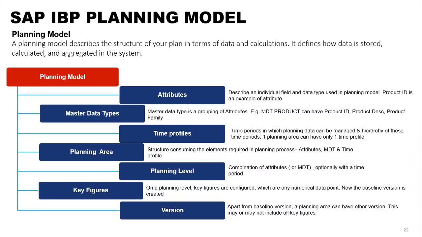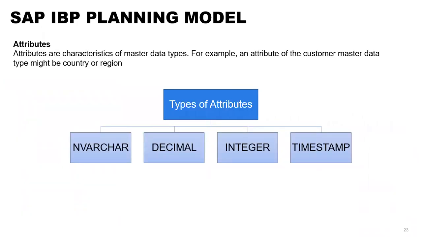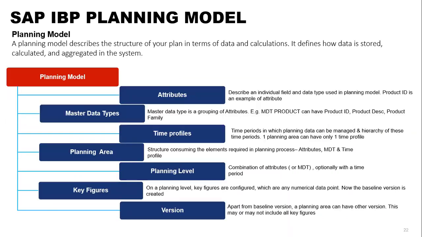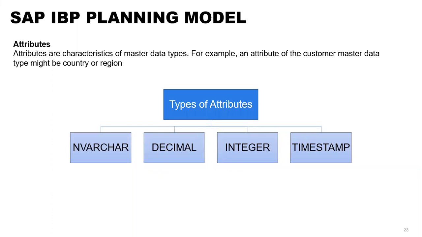So now let us understand each individual planning model entity. Attributes are the characteristics of the master data types. They can be NVARCHAR, decimal, integer, or timestamp, depending upon the characteristic of the master data. For example, a location description will be a combination of characters and numbers, like Chennai 123.